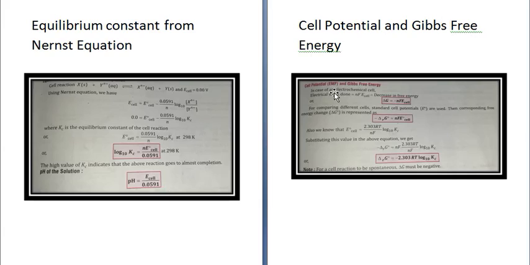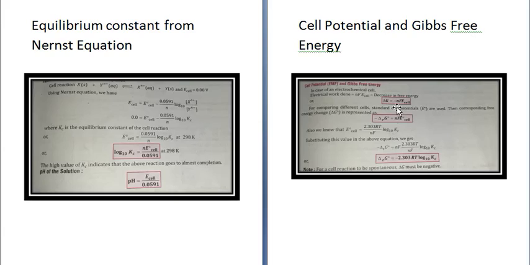Now in case of an electrochemical cell, electrical work done is equal to n F E cell, which is the decrease in free energy. So the decrease in free energy is given by the symbol delta G, and this is equal to minus nF E cell, minus because it is a decrease.